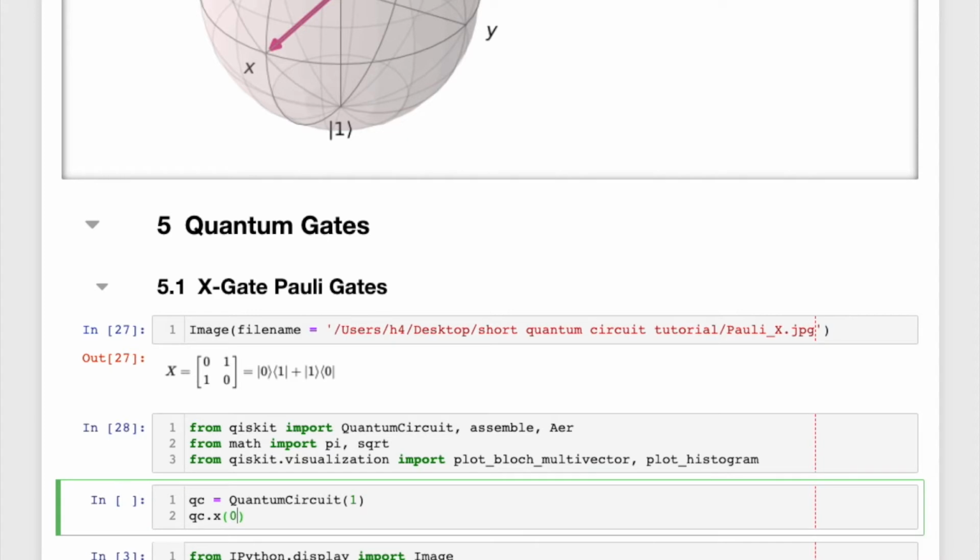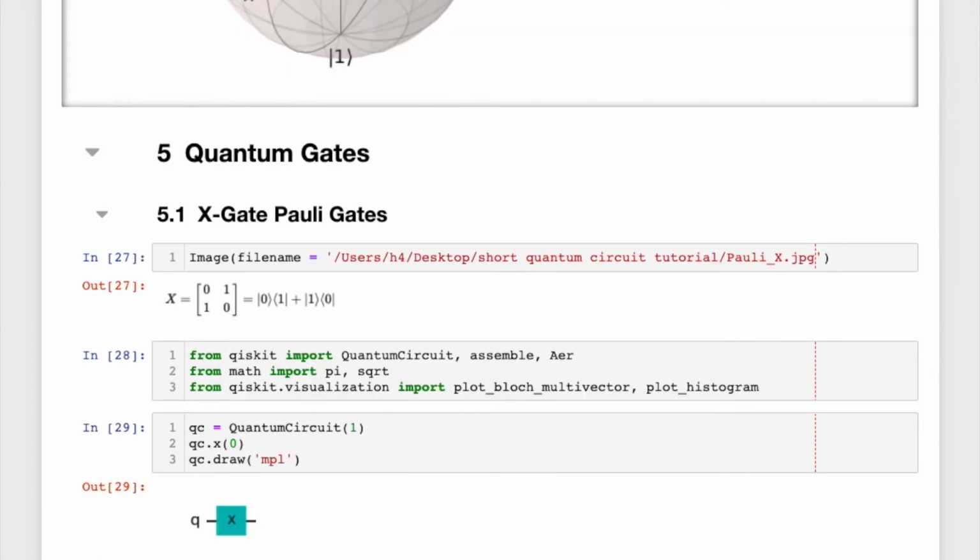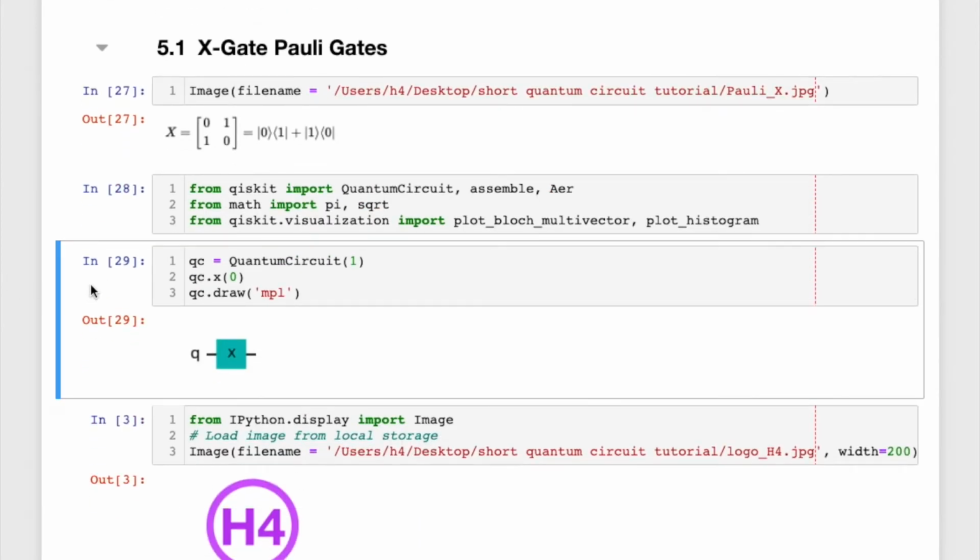So you apply the x gate to the first qubit, or the 0th qubit, and by doing so you just say quantum circuit qc.x, and then you say qc.draw in MPL, and then you get just that.